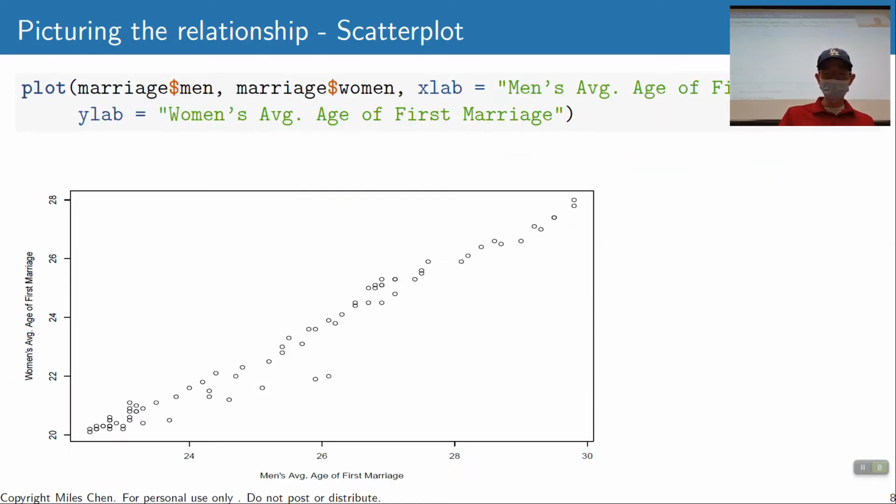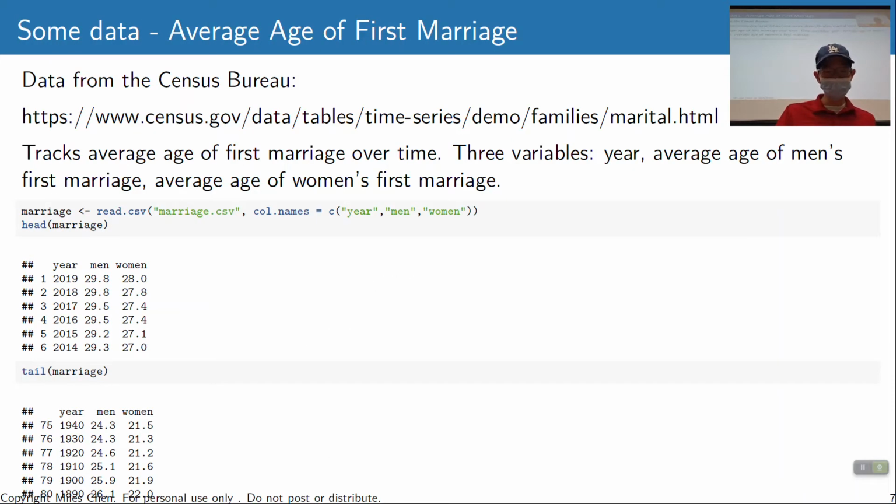This data was tracked across many years. Early on in the 1900s, I think the earliest data is 1890, it was recorded once every 10 years. So in 1930, the average age of first marriage for men was 24.3 years, and for women was 21.3 years.